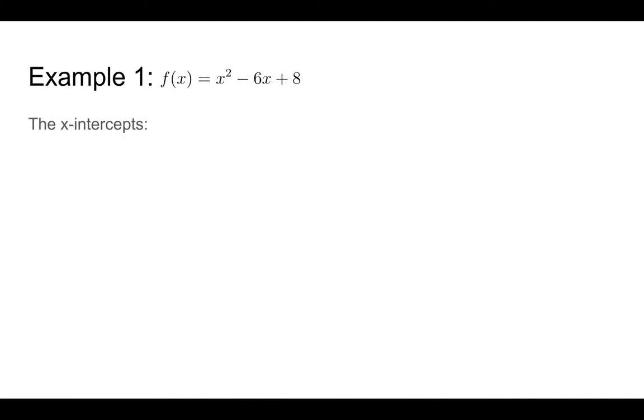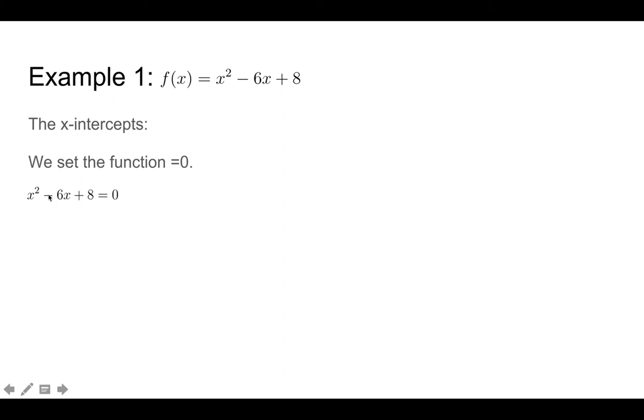X-intercepts. To find x-intercepts, we always set the function equal to 0. So set the whole thing equal to 0. Now we're solving a quadratic equation. So we plugged in 0 to get the y-intercept. We set the function equal to 0 to get the x-intercepts. Okay, so we just have to solve this.